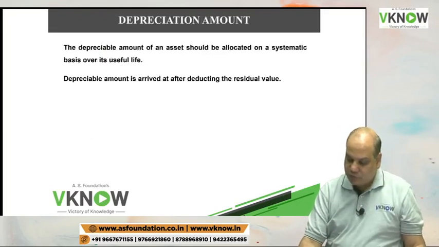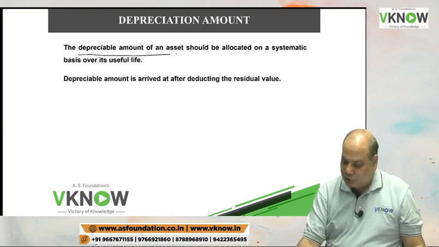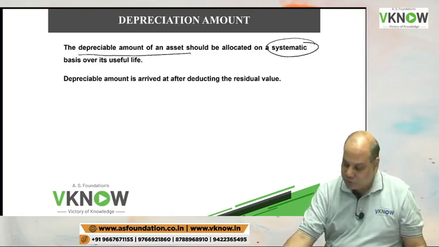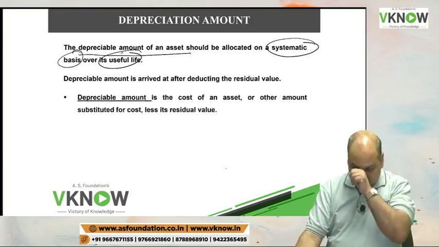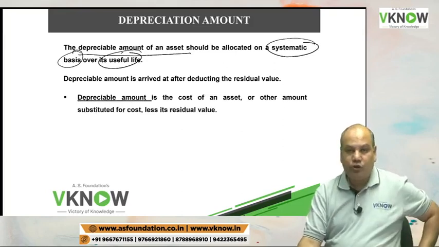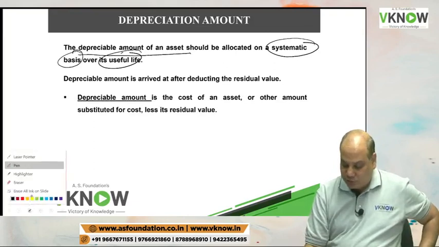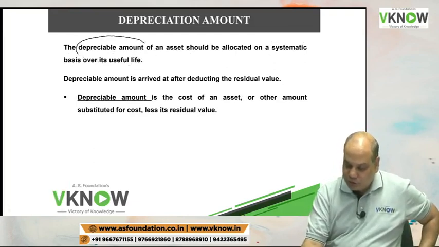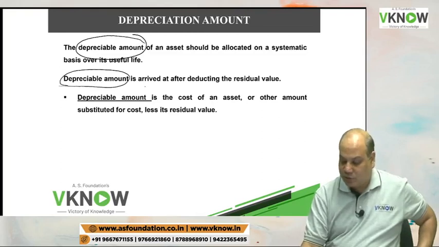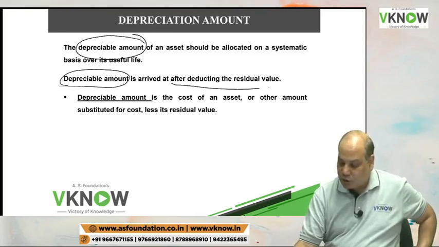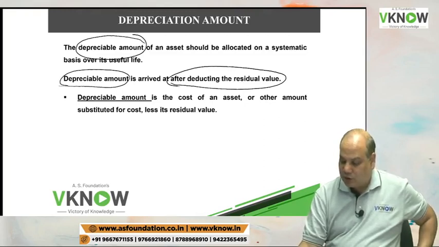Next point, depreciable amount should be allocated on a systematic basis over the useful life. So the question is, what is depreciable amount? Come on, answer. Depreciable amount is the cost minus residual value.